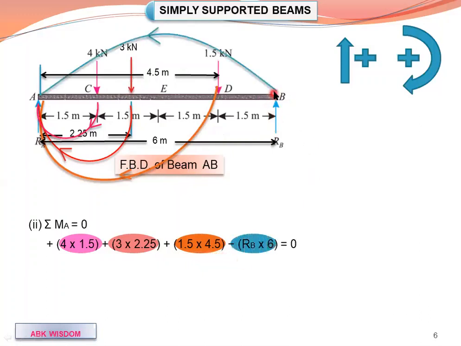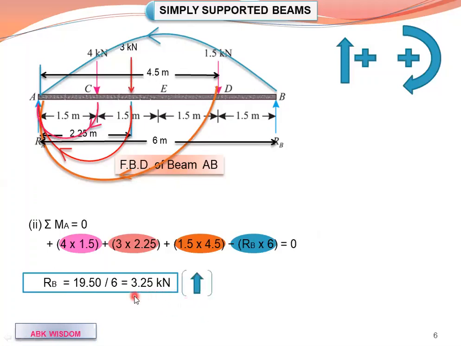Whereas the support reaction RB is acting in an anti-clockwise direction, that is negative, with force intensity RB and a distance of 6 meters. On solving this equation, we get the support reaction at B, which is 3.25. It is a positive value, hence the support reaction at B is acting vertically upward.